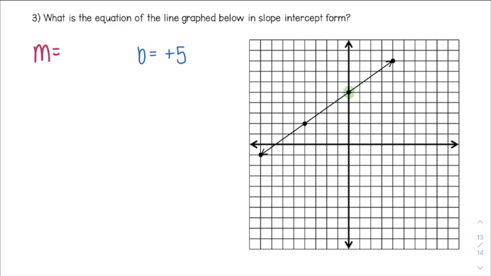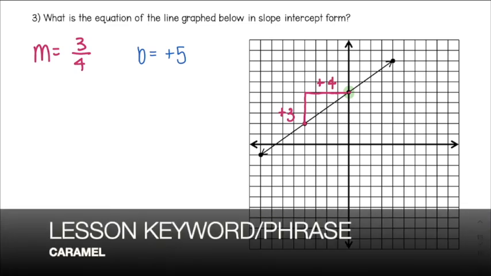For my rise, I use this point and this point: 1, 2, 3, plus 3. And for the run, 1, 2, 3, 4, plus 4. So I have 3/4. It's positive, so I'm just going to write out my equation and put it all together. y equals 3/4 x plus 5 would be my answer.